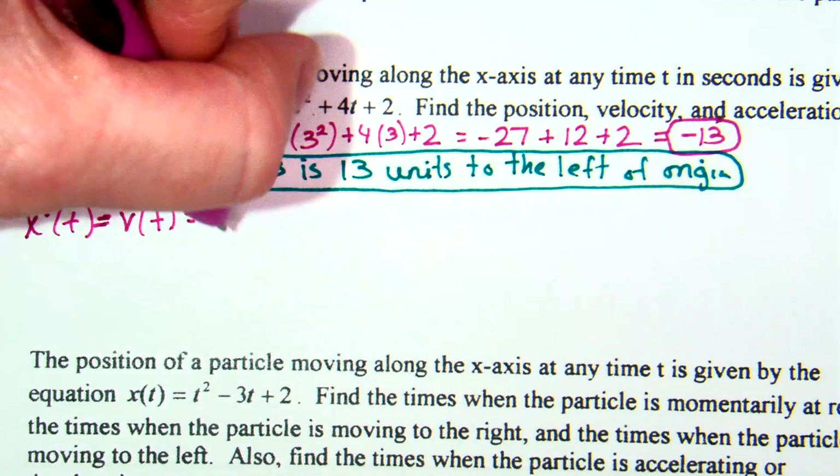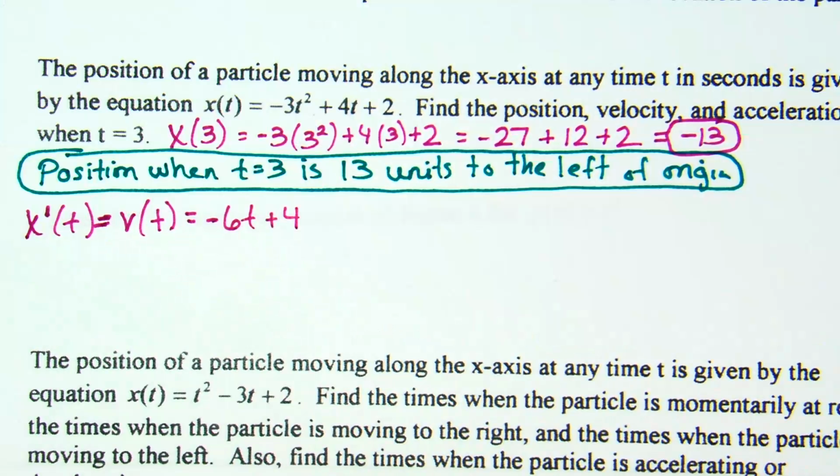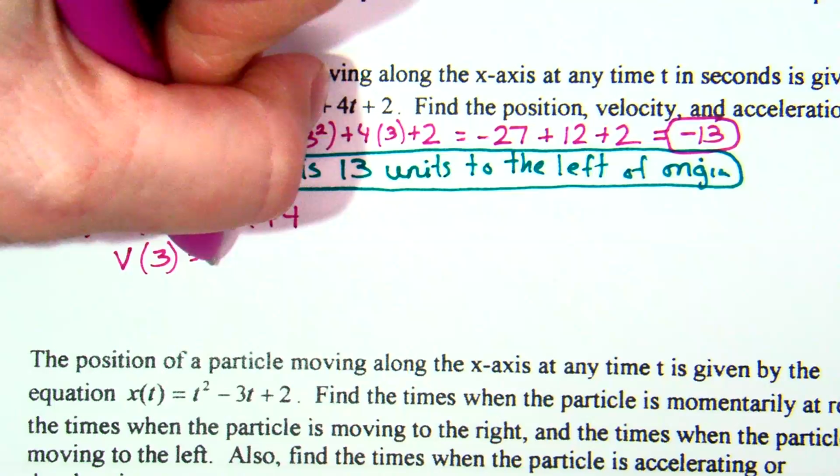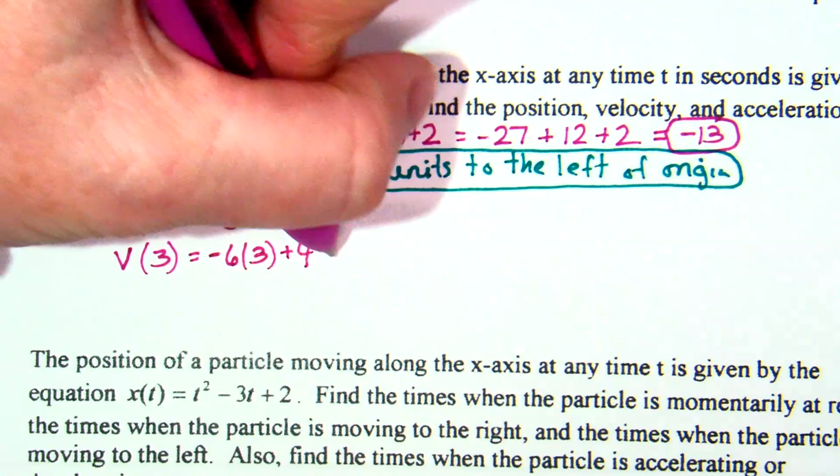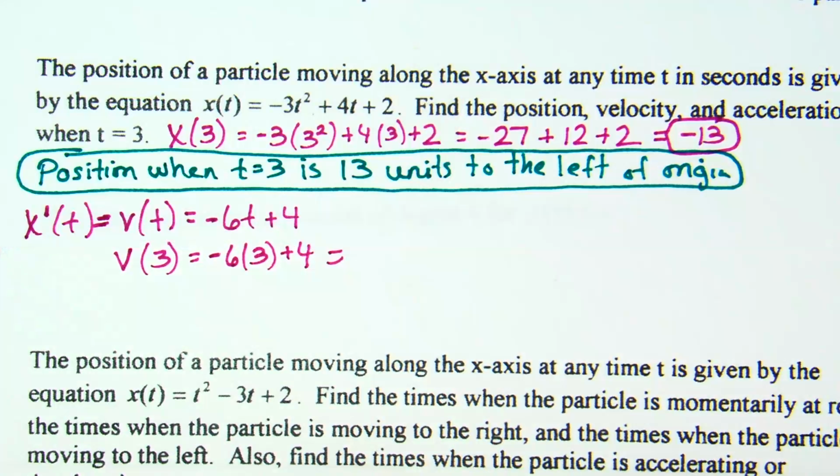Okay, negative 6t plus 4. And so if we find the velocity when t equals 3, plugging in the 3 means negative 6 times 3 plus 4 is negative 14.